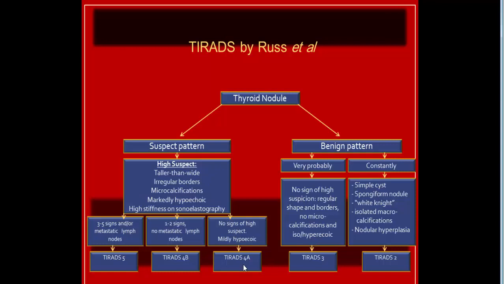Suspicious pattern is divided into TI-RADS 4A, 4B, and 5. Highly suspect signs: taller than wide, irregular border, microcalcification, markedly hypoechoic, high stiffness on sonoelastography. TI-RADS 4A, no sign of high suspicion, mildly hypoechoic only. TI-RADS 4B, 1 to 2 signs, no metastatic lymph node. TI-RADS 5, 3 to 5 signs and/or metastatic lymph node.